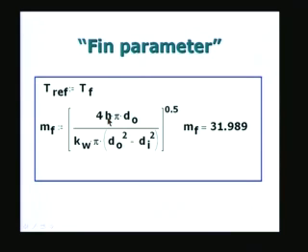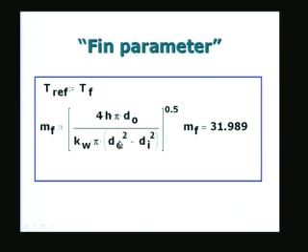h into the perimeter, which is pi d0, the outer perimeter of the well material, divided by the thermal conductivity of the well and the area of cross section of the material of the well. It is given by pi into d0 squared minus di squared, the outer diameter squared minus the inner diameter squared, divided by 4.